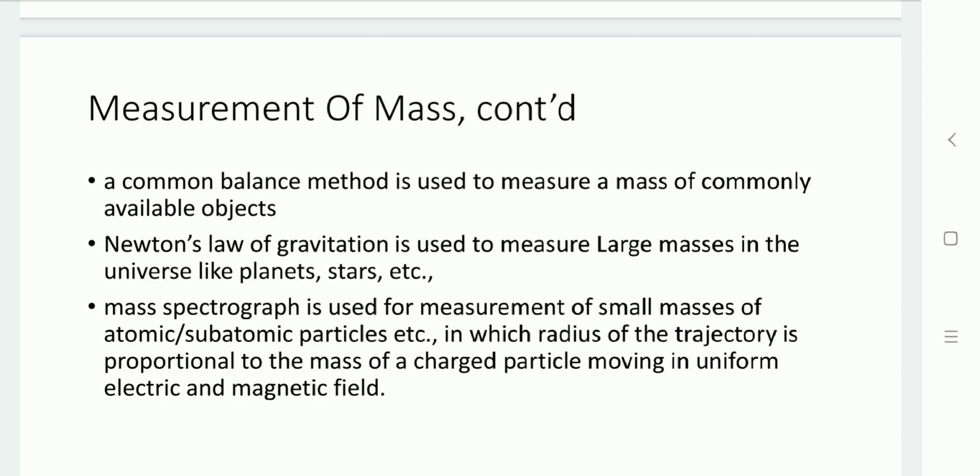So in a particularly designed electric and magnetic field, while the charge is provided, we define how much force is required to make the charges move. Accordingly, we are able to measure the mass of that charged particle or atomic structure.